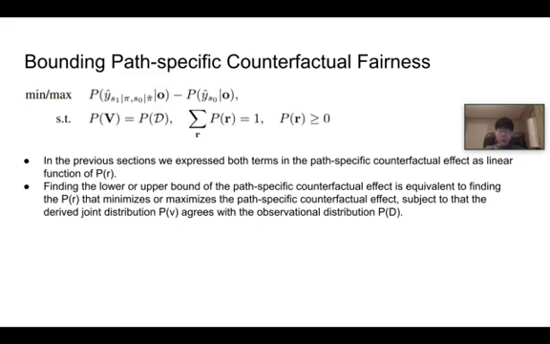All causal models that agree with the distribution of observational data D cannot be distinguished and should be considered in bounding PCFairness. Therefore, finding the lower and upper bound of the path-specific counterfactual effect is equivalent to finding the PR that minimizes or maximizes the path-specific counterfactual effect, subject to the derived joint distribution PV agreeing with the observational distribution PD.